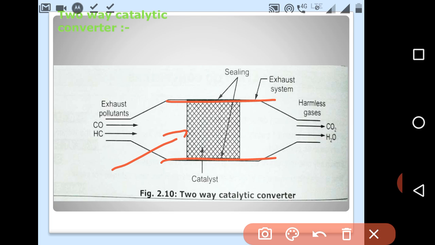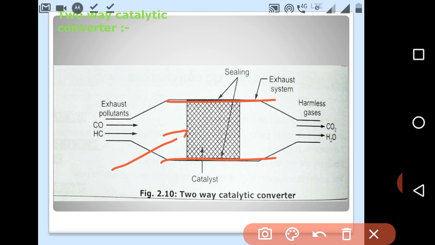Here the base is alumina, and on this base we put the first layer of either metal or ceramic, and after that a second coating of precious material like palladium or platinum.